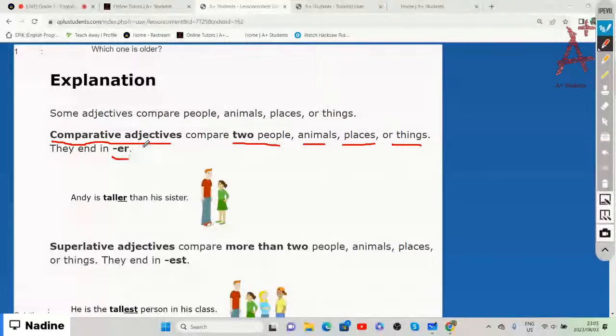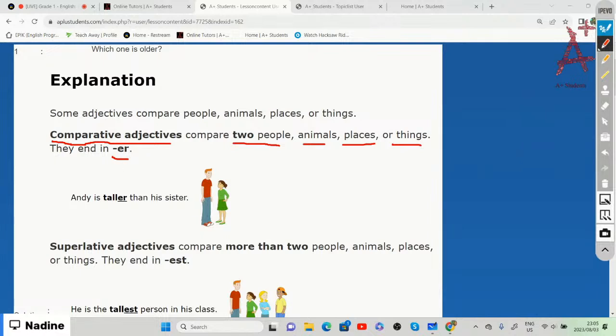An example is if the word is, for example, tall. Instead of saying Andy is tall than his sister, we can say Andy is taller than his sister.